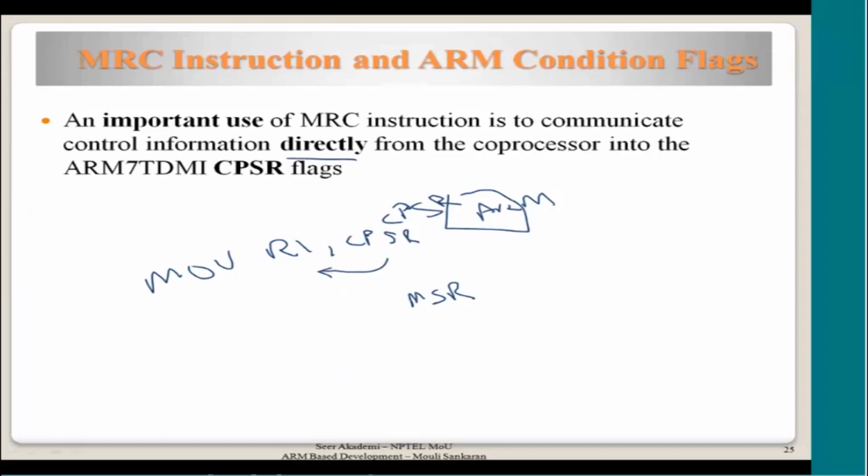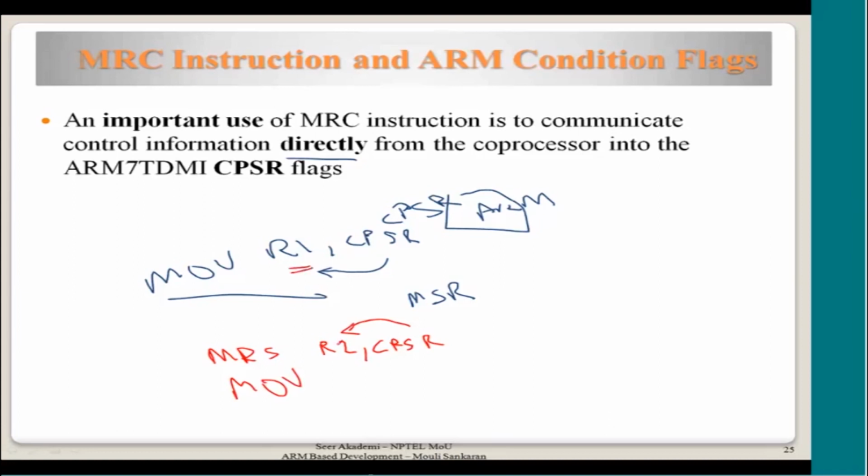Before that, suppose you want to, say, change the flags. What you need to do is say MRS R2, CPSR. Now CPSR is copied into R2, and then you can say move directly if you want to insert it in R1.